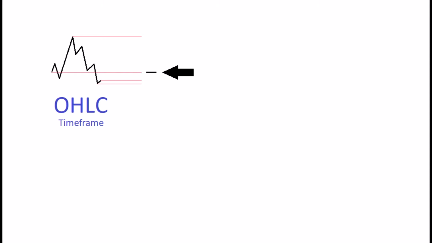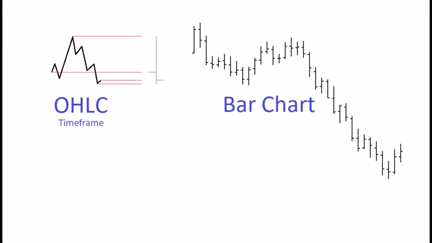We're first going to look at the open price, and we'll draw a line, then we'll go up to the highest price, we'll go down to the lowest price, and we're going to end that graph with a close price. Basically what we have done now is we have drawn a bar, and we can put those bars together and we will have a bar chart. It's already becoming a lot easier to read a chart like that instead of a line chart.